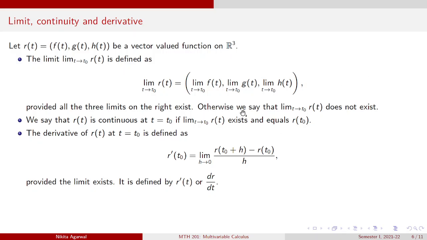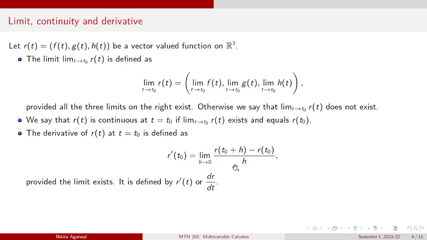Now, how do you define the derivative of r(t)? It's defined as r prime(t naught) equals the limit as h goes to 0 of (r(t naught + h) minus r(t naught)) by h. Remember, this is now a vector, because in the numerator you have a difference of two vectors.